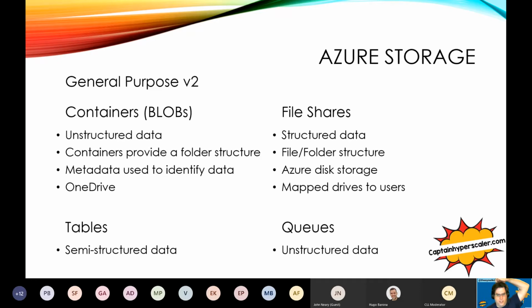It looks very similar to an Excel spreadsheet where you have your rows and columns, and then queues are generally your log data and very unstructured data that you can store different files for, like messages and messaging and things like that.